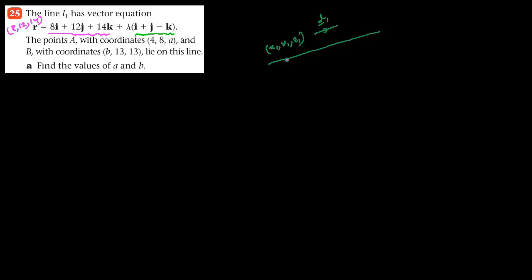The line is basically an arbitrary point. Let me call that arbitrary point X, and its position vector, let me call it OX, is given by r. That is the vector equation of L1. So L1 is basically this, an arbitrary position vector.